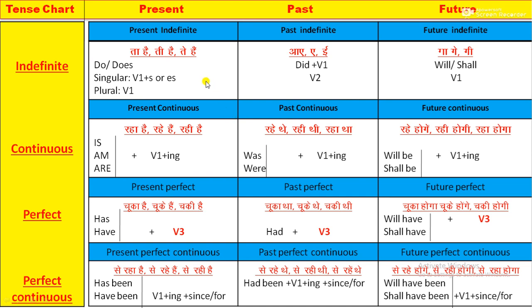Until you understand your chart, you can change the verbs again and again. Fly, for example, bird flies. Flies, flew, will fly. Is flying, was flying, will be flying. Has flown, had flown, will have flown. Has been flying, had been flying, will have been flying. Means this is the only way or method by which we can understand and learn the tense chart.